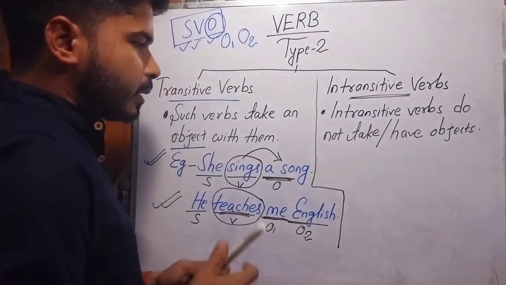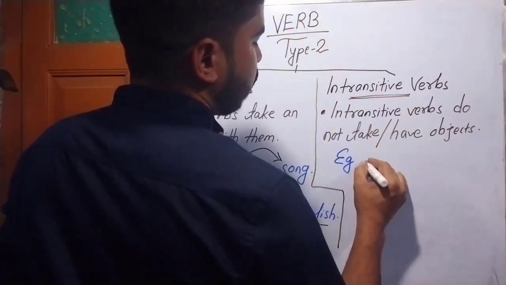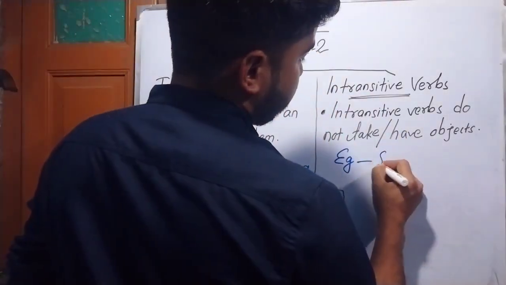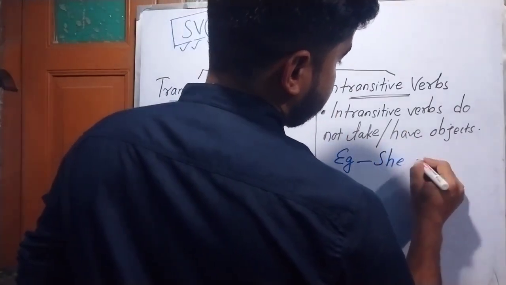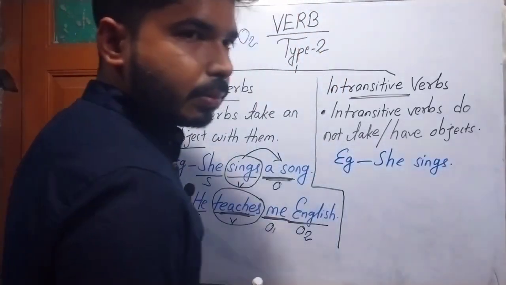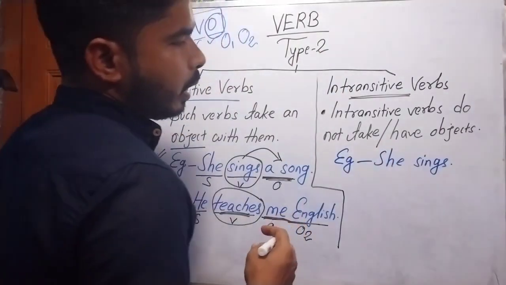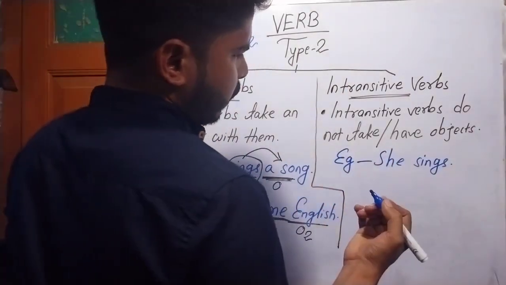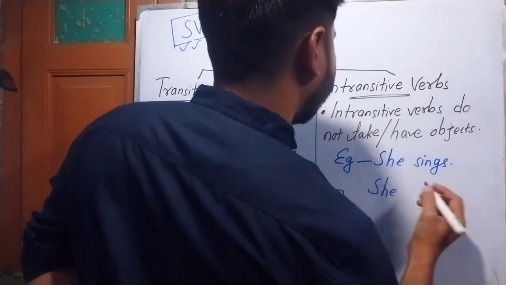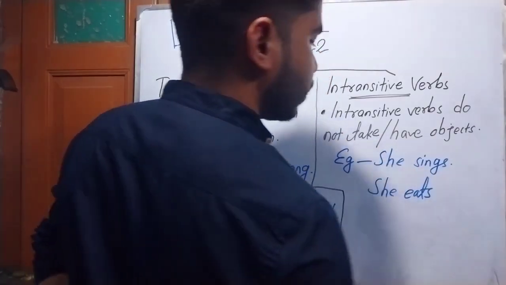Okay. So, for example, I can say: She sings. She sings. Okay, and there is no object, right? In the same way, I can take another example: She eats.